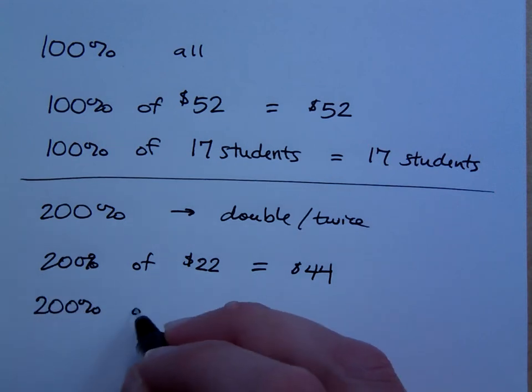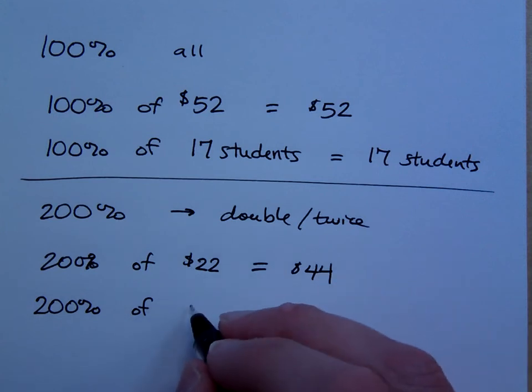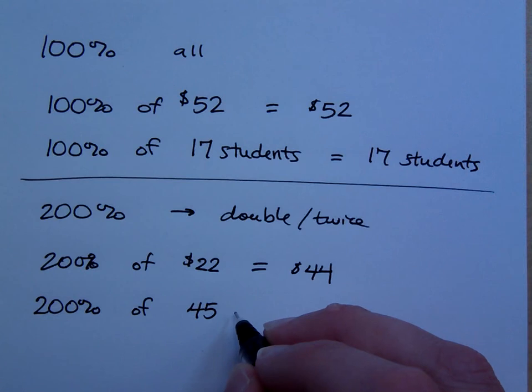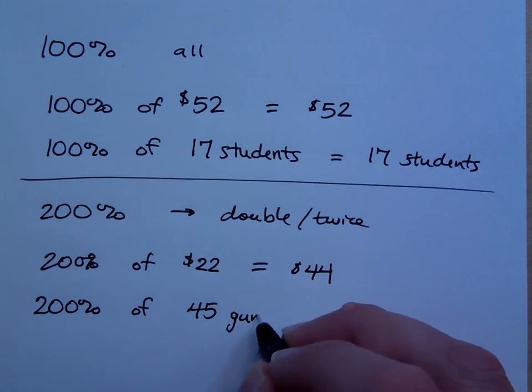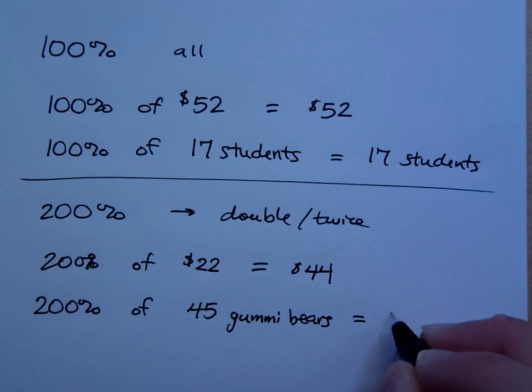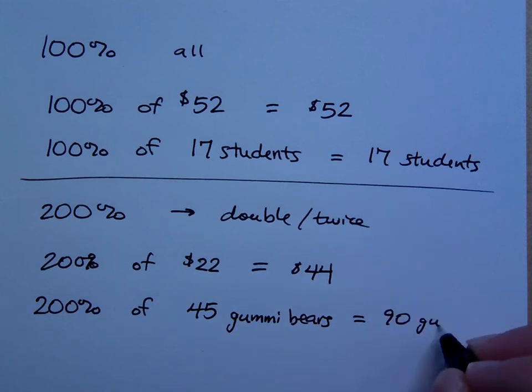What's 200% of 45 gummy bears? Now, when we talk about things like 200%, a lot of times you may see this in terms of an increase.